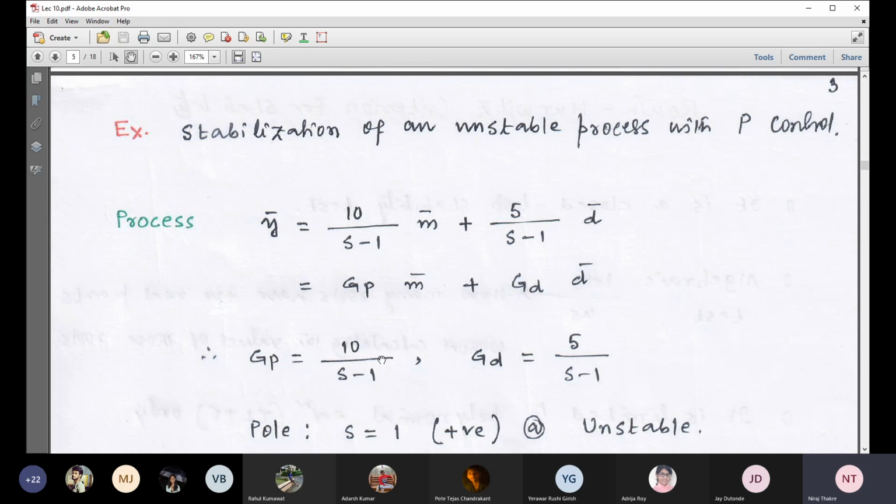To stabilize this open loop process, we are employing a P-only controller and finding the necessary condition for stability.